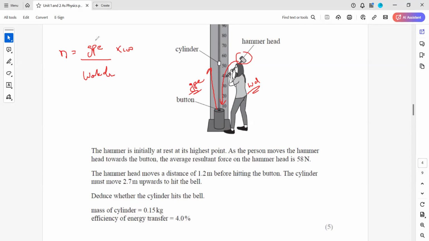So first we'll work out the work done, because we know the force and the distance. We have the efficiency, so we'll work out GP. After finding GP, potential energy is mgh. We have the mass and the gravity, so we can work out the height it will move.